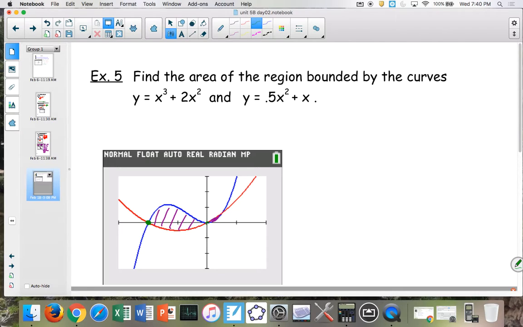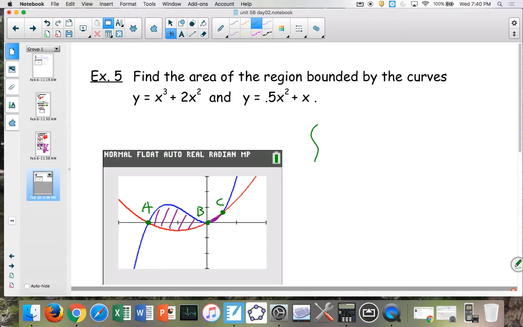So there, there, and there. I'll call this A, B, and C. So to find A, B, and C, we need to set these two equations equal and solve. Maybe by inspection we can check.